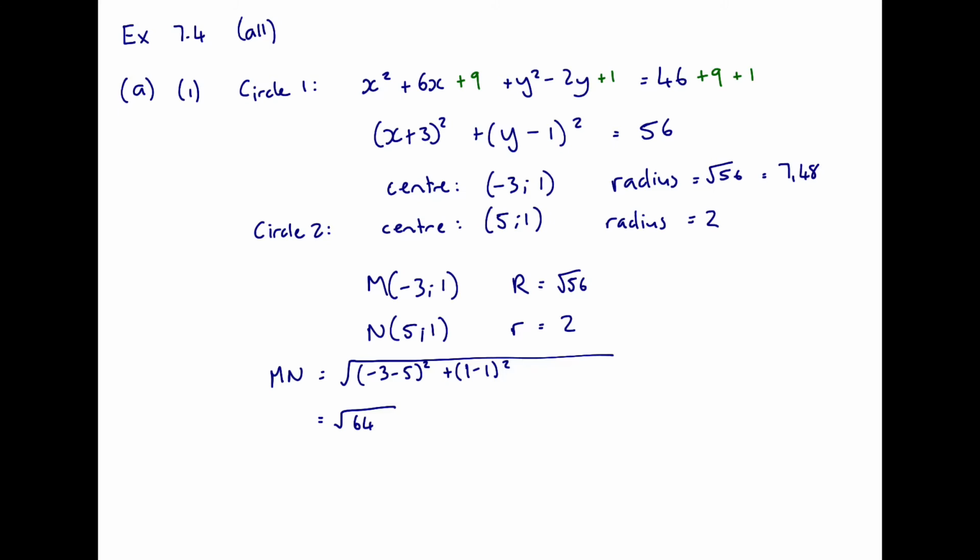The 1 minus 1 is 0, squared is 0. So the distance MN is 8 units. We know the distance MN and the two radii.